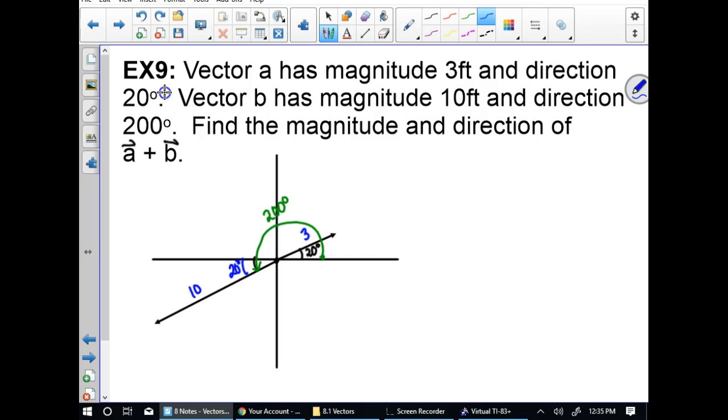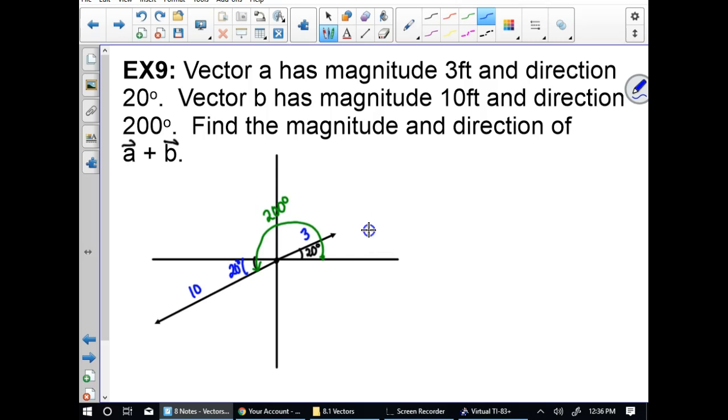So what you need to do right here is just think of it as a tug-of-war match. If I have Caroline and Jaden over here in tug-of-war, and she has a force of 3 newtons in this direction, and Jaden has a force of 10 newtons in this direction, Jaden's going to win, right? And he is going to pull Caroline in his direction with a force of 7 newtons, because he is stronger than she is.